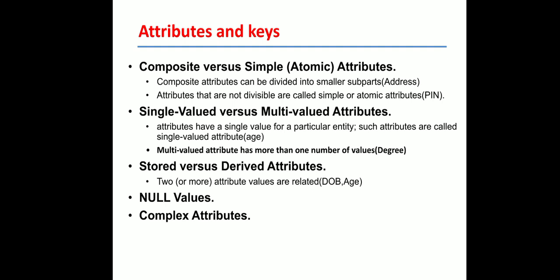How did I get that age? I got it from the date of birth. Date of birth is a stored attribute and age is the derived attribute. And we have other types of attributes, the null attributes. Sometimes we need to keep our database attribute values as null, because we may not know those values, or those are not applicable.